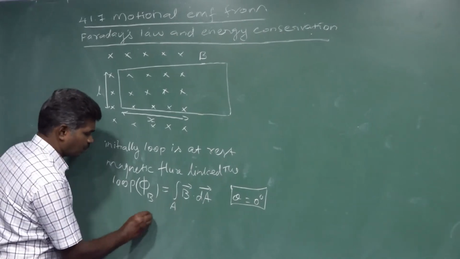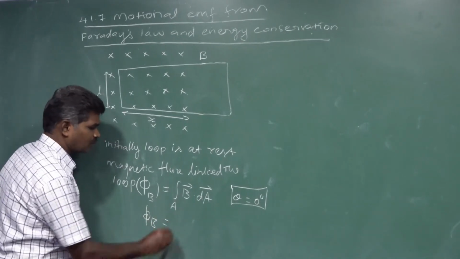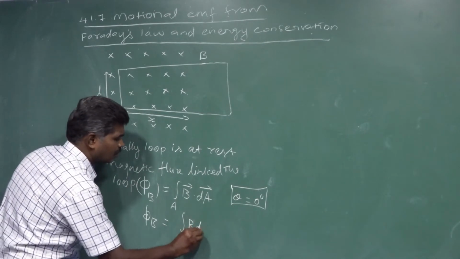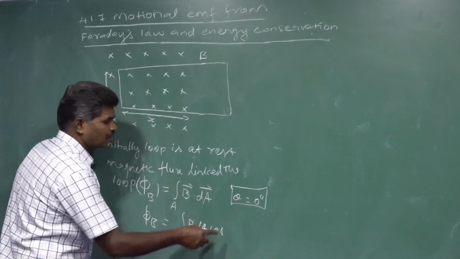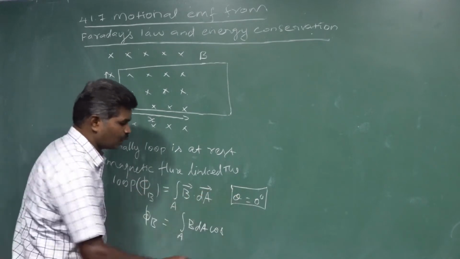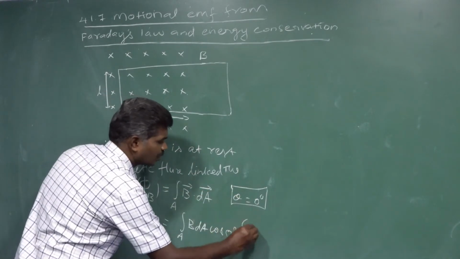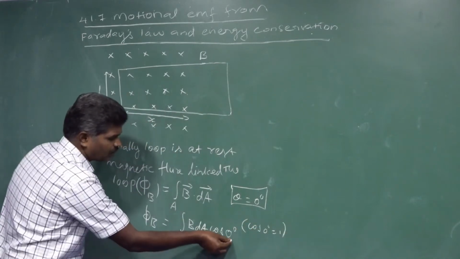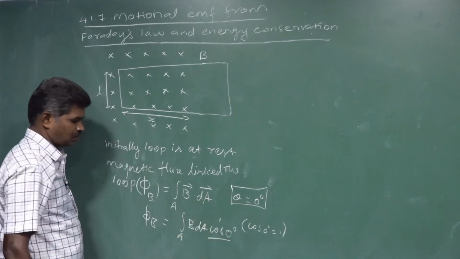Then phi suffix B is equal to the integral over the total area A of B dA cos theta. The theta value is 0 degrees, and we know that cos 0 is equal to 1, so this value becomes 1.